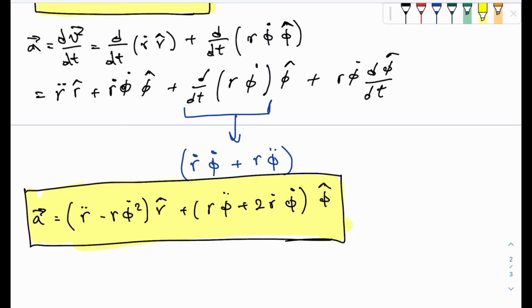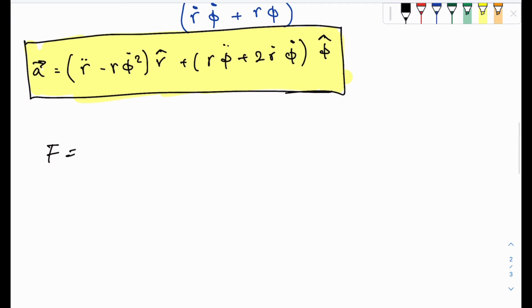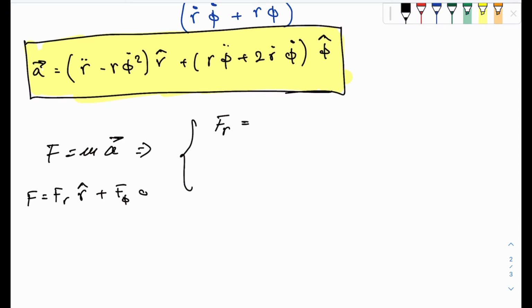Now what we need to do is to write Newton's second law, where Newton's second law is just F equals ma, and you can write it as F_r, the force in the radial direction, plus the force in the rotational direction.